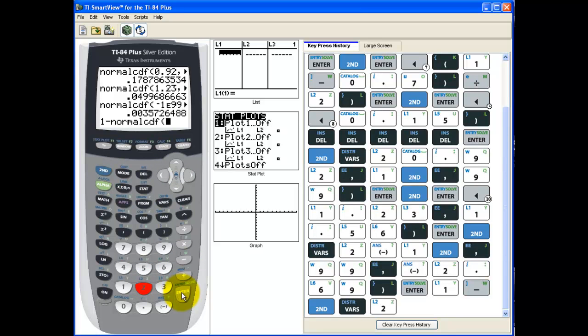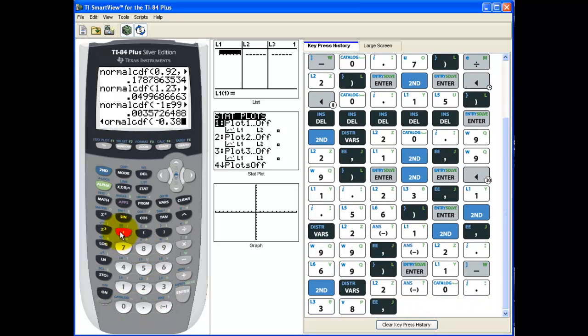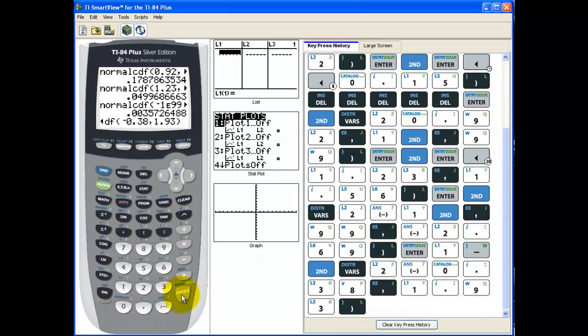And the limits would be minus 0.38 and positive 1.93. And so that is how you calculate probabilities associated with the standard normal using your calculator. In the next video, we'll show you how to use the calculator with any normal.